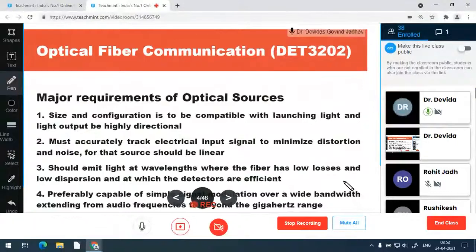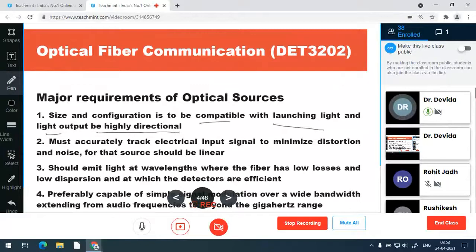So optical fiber sources should be compatible in size as well as configuration to the system. So size and configuration are to be compatible with the launching light, and the light output to be highly directional.